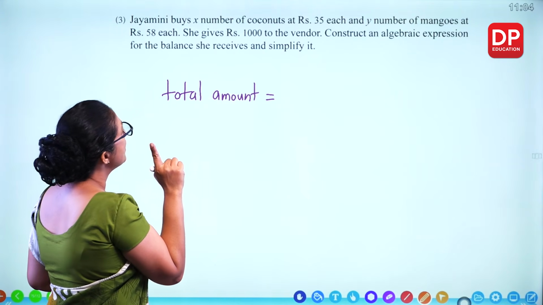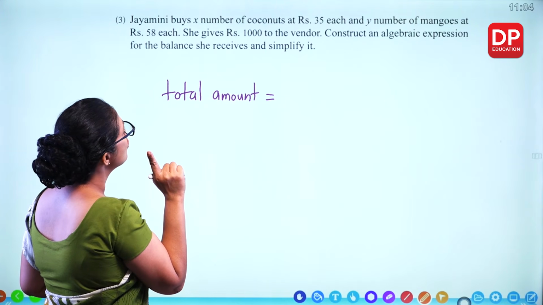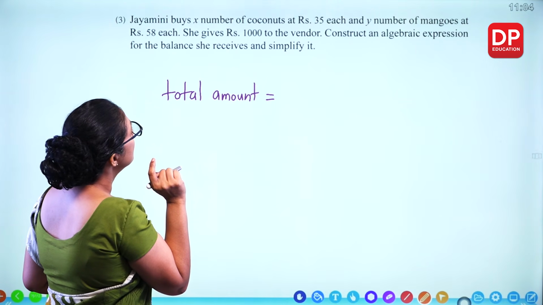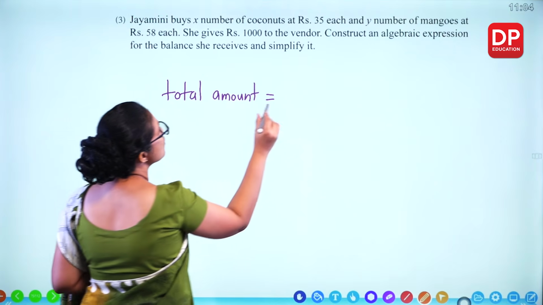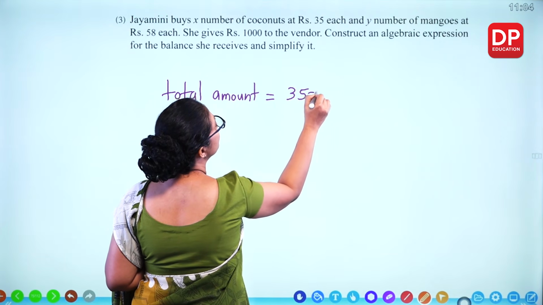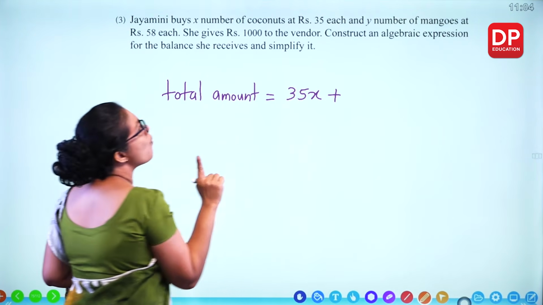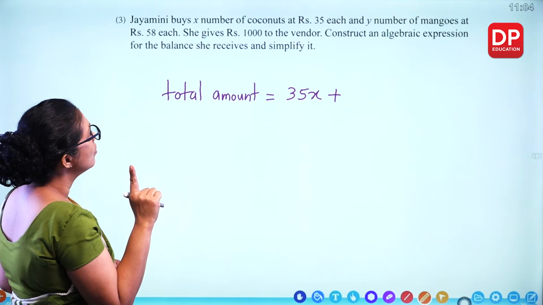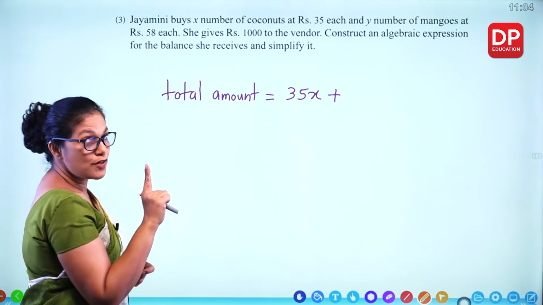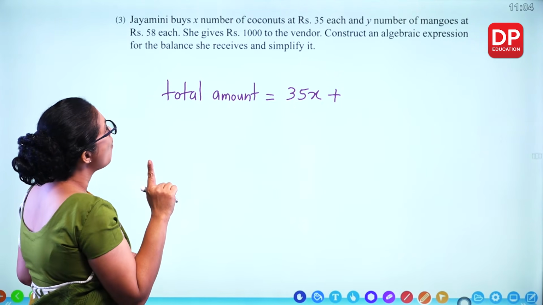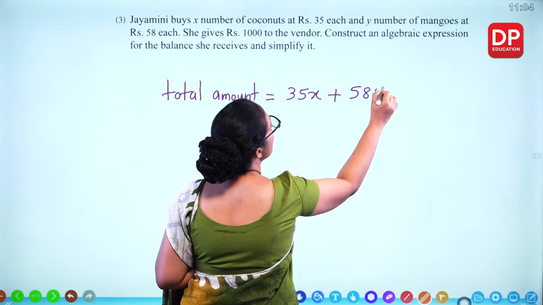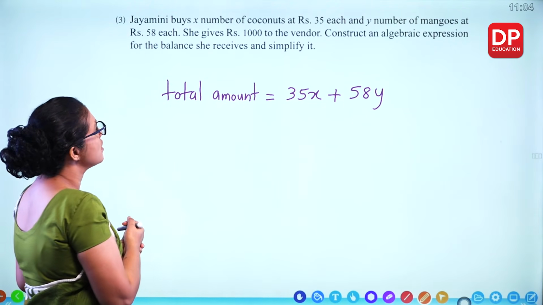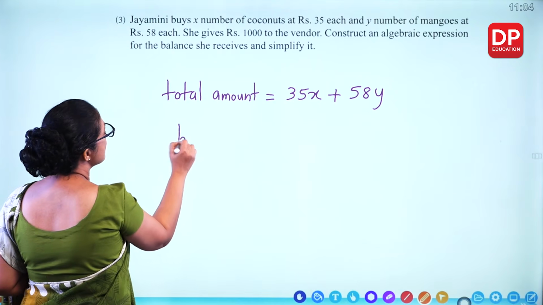35 rupees for one coconut. So she buys X number of coconuts. So 35x. One mango is 58 rupees and buys Y number of mangoes. So 58y. So that's the total amount. So what's the balance?